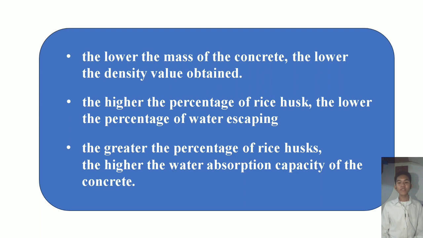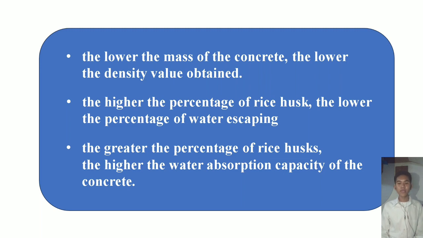The highest percentage of escaped water was found in the rice husk percentages of 1.5% and 3%, with the result of 100 percent of water escaped. The lowest percentage was found in the rice husk percentages of 4.5% and 7.5%, with the result of 0% of water escaping.